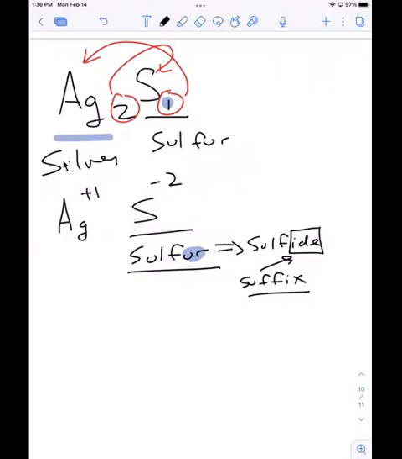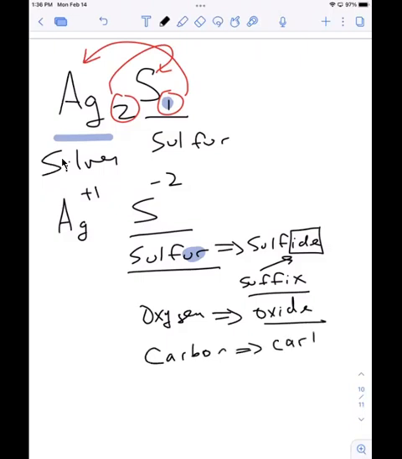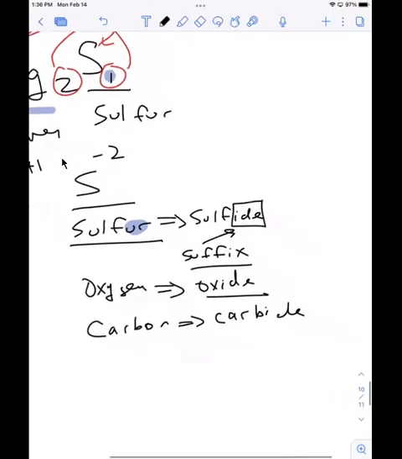That's the ending that we're going to use: IDE. Any of your non-metals, just by themselves, not as part of a polyatomic. So if oxygen was by itself, or it's the one atom oxygen in a compound with an atom like silver or gold, it's going to be oxide. If carbon was by itself as one of the atoms in here, it would be carbide, so on and so forth.